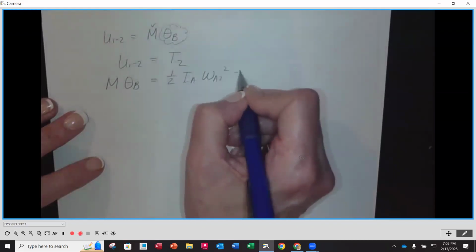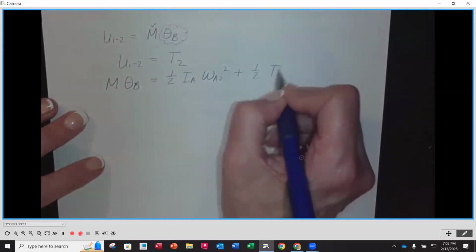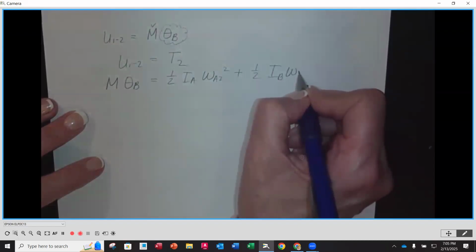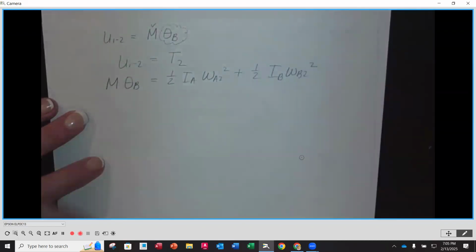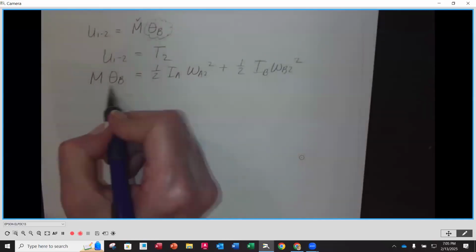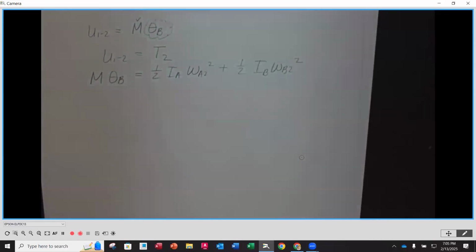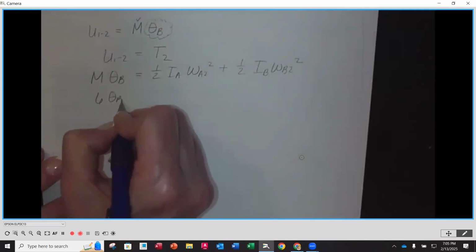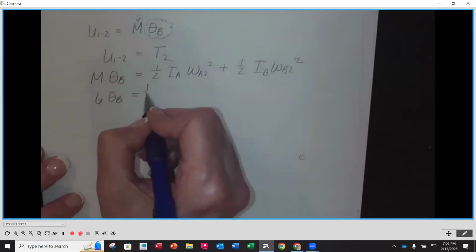WA2 squared plus I the WB2 squared. All right, so now I'm going to put my values in on either side, and my theta B is going to be left over. So I know that this is going to be 6 theta B is going to be equal to 1/2.